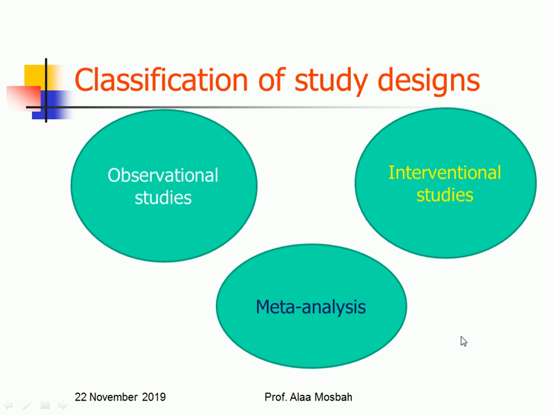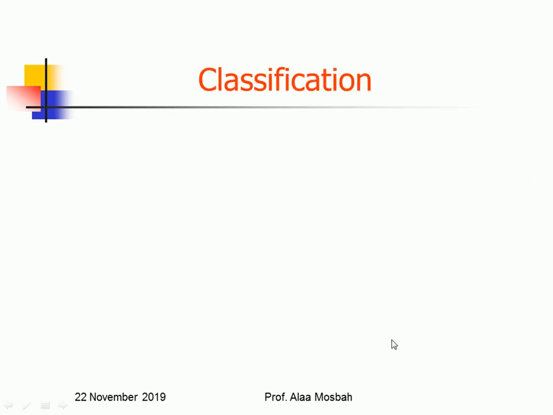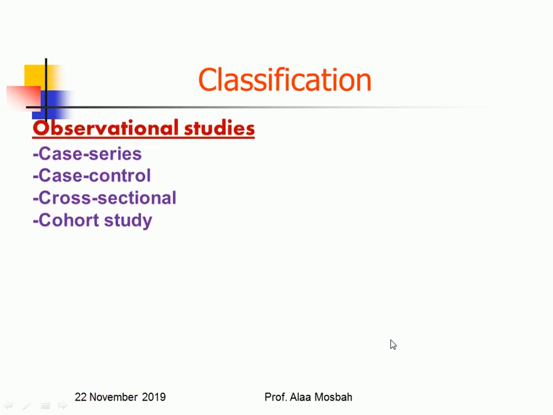So these are the big three categories: observational, interventional, and meta-analysis. Let us go more deeply. What are the observational studies? Remember the 4C: case series, case control, cross-sectional, and the cohort study.